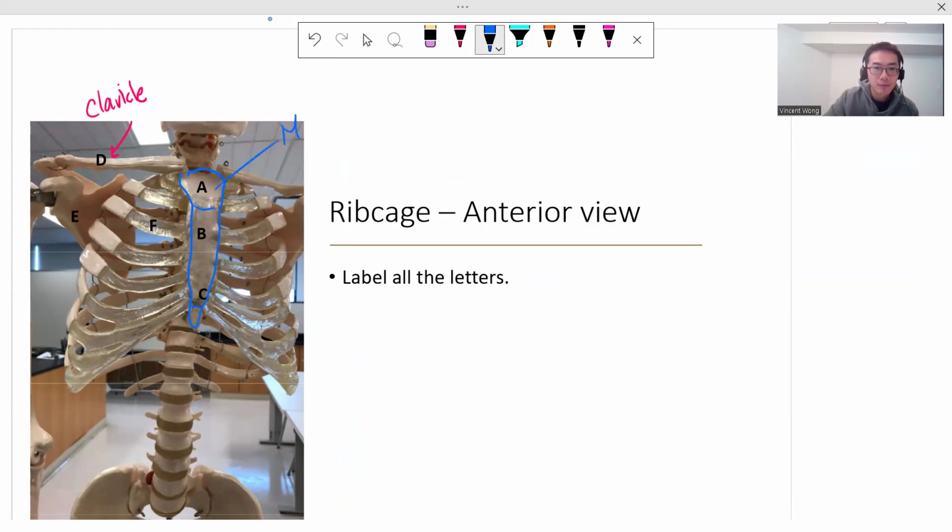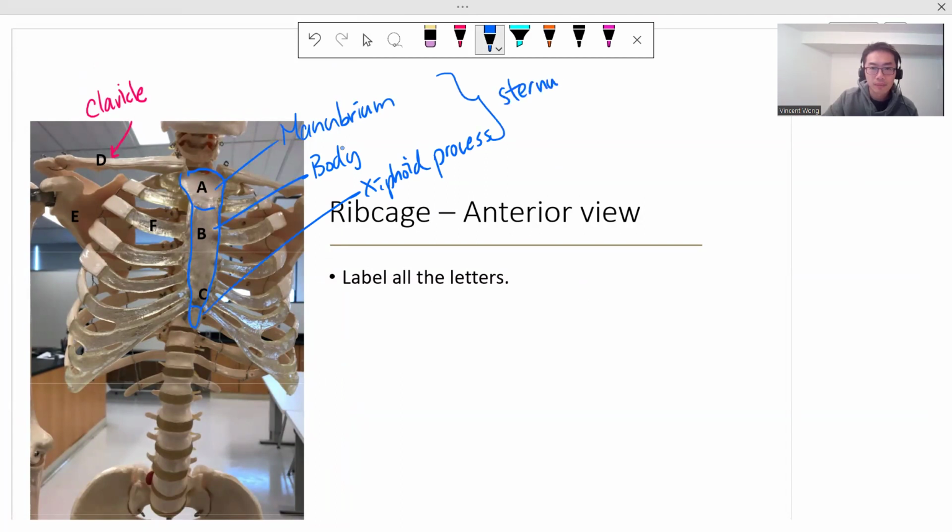There is, if you remember, the manubrium, where the first and second rib connects, part of the second rib anyways. There is the body, and then we have the xiphoid process, where the diaphragm is going to be attaching onto. So that forms the sternum.